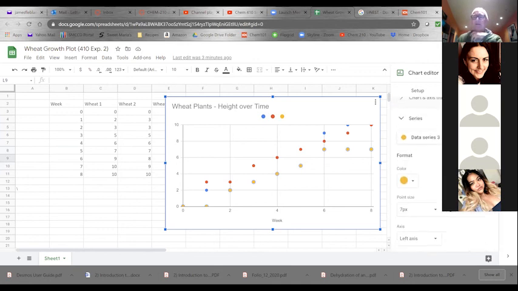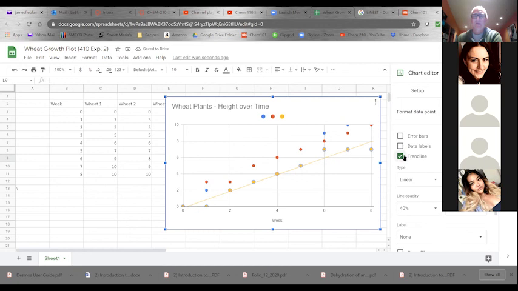You can see they don't make these things easy. So you go to series and then trend line. There we go. It gives you linear. You can choose what kind you want; there's a number of different ones. We want linear again.